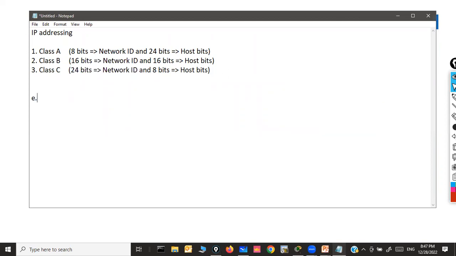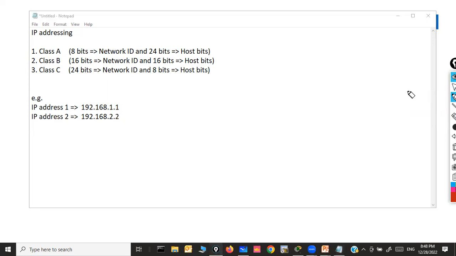Let me first give you an example. I'm writing two IPs here: IP address 1, 192.168.1.1, and IP address 2, 192.168.2.2. If we look at both, 192.168 means a class C address, of course.